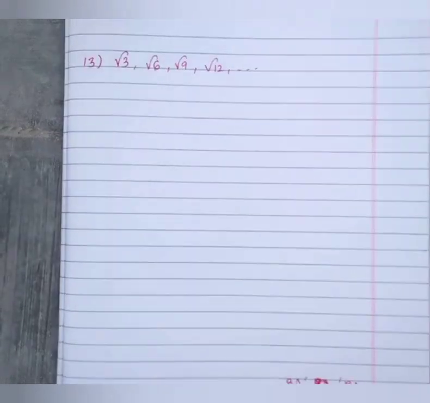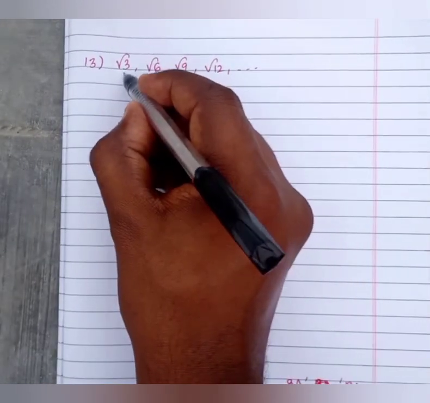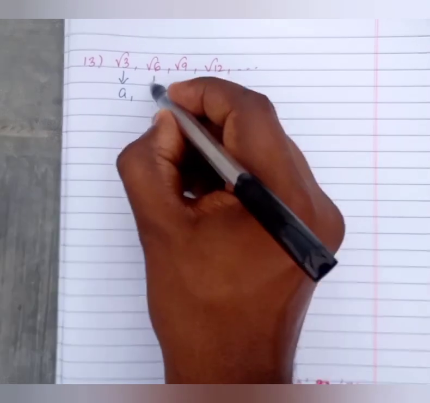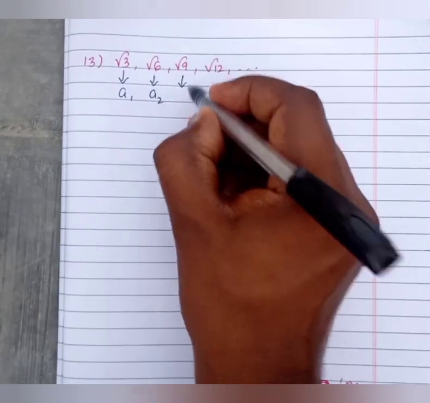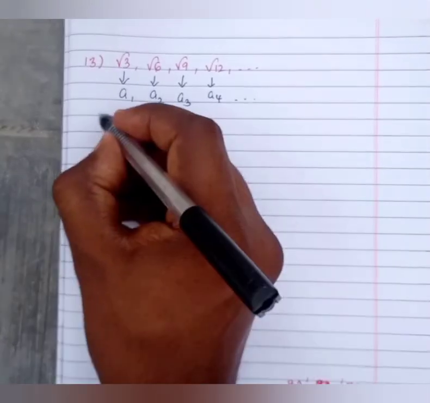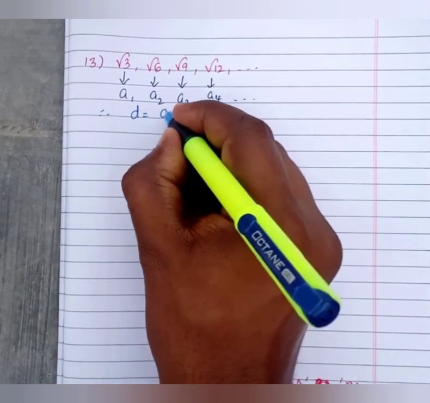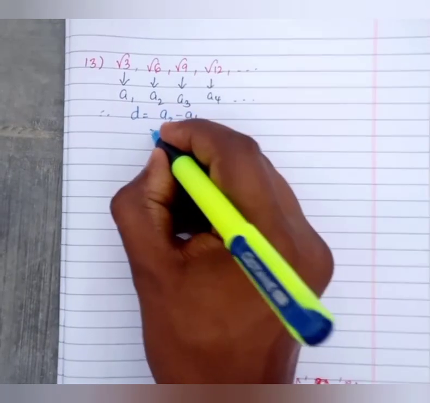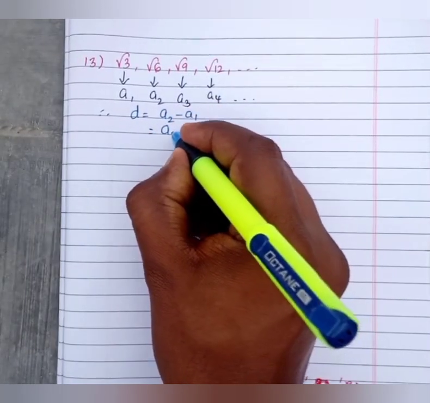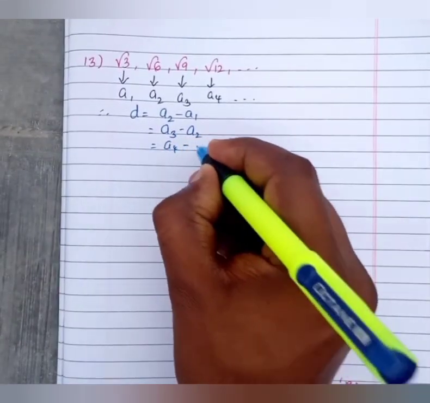Moving to the next question. Root 3, root 6, root 9, root 12. I'll denote them as A1, A2, A3 and A4 and so on. Now we should find out the common difference, if it exists, that is A2 minus A1, or A3 minus A2, or A4 minus A3.